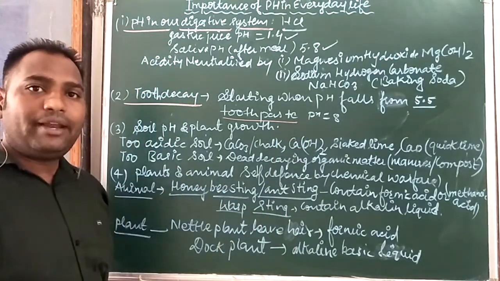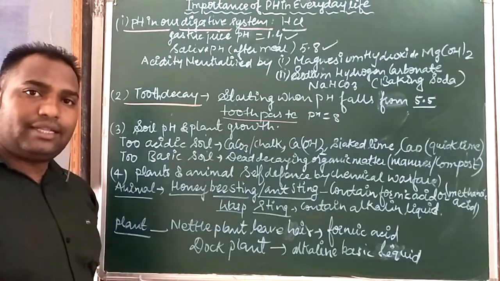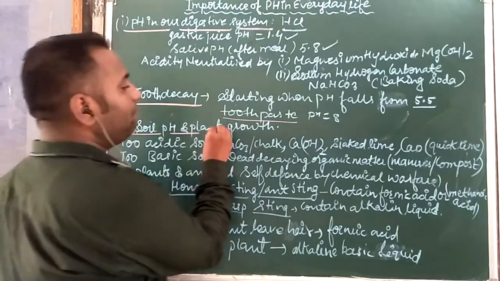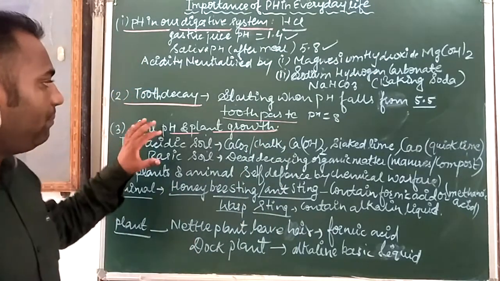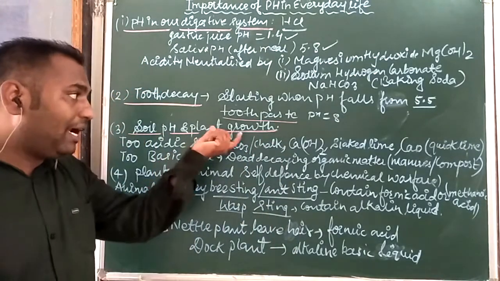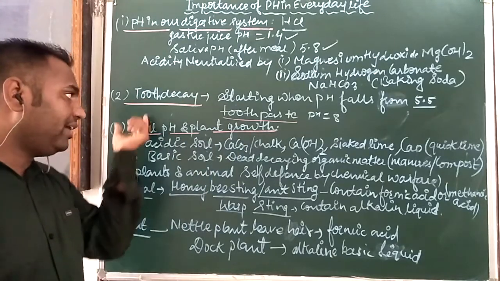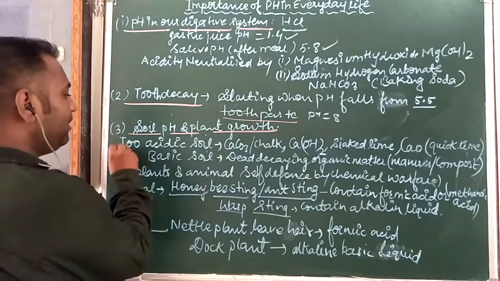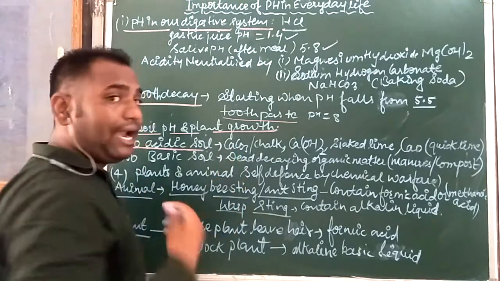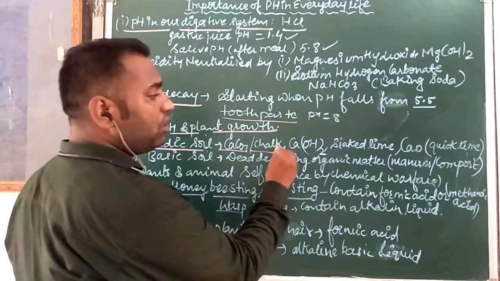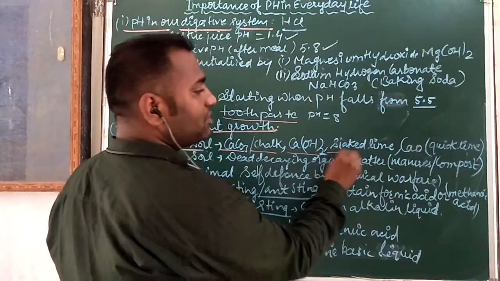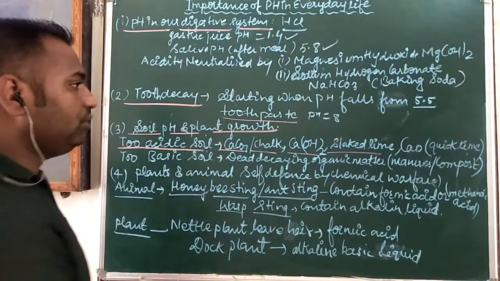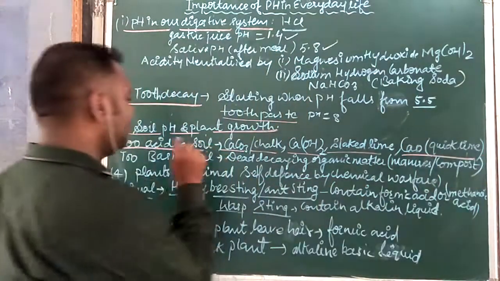So what is the remedy? Brushing twice daily in everyday life. Now the third one is soil pH and plant growth. Plant growth is directly affected by soil pH. If the soil is too acidic, we have to add CaCO3, that is chalk, calcium hydroxide, that is slaked lime, and CaO, that is quicklime, to neutralize the acidic medium.